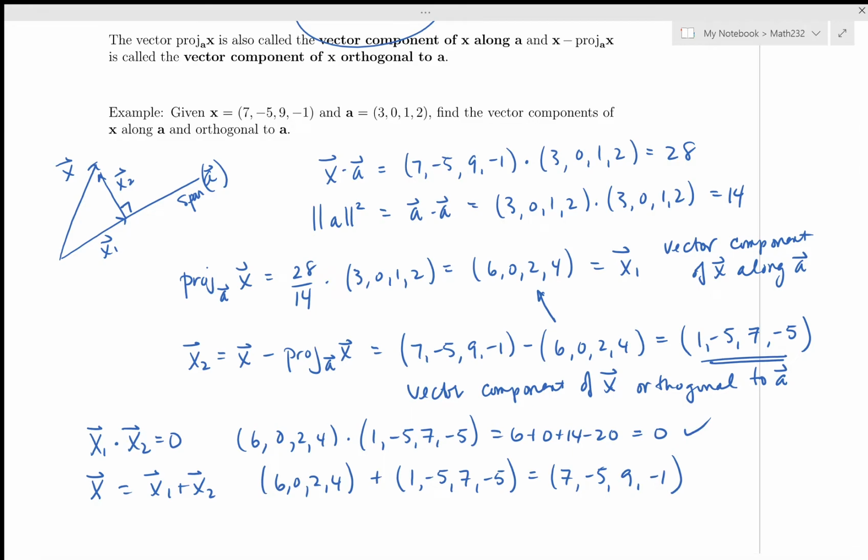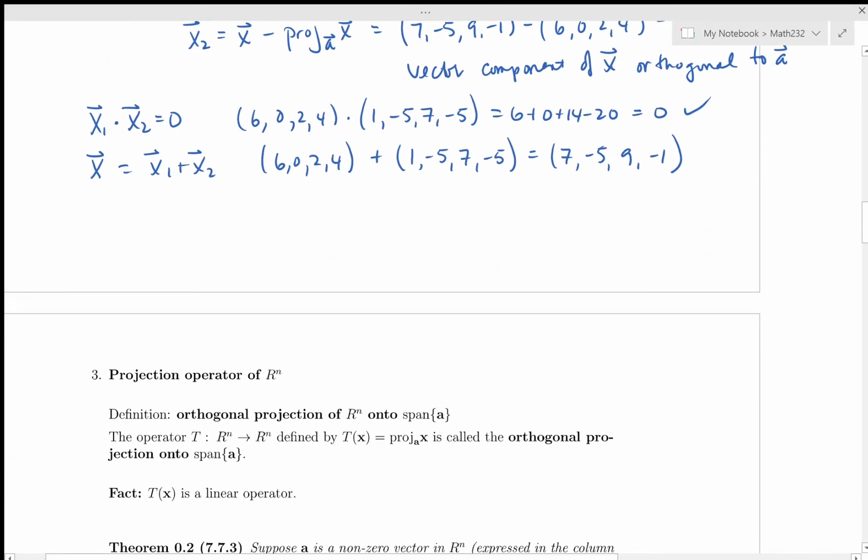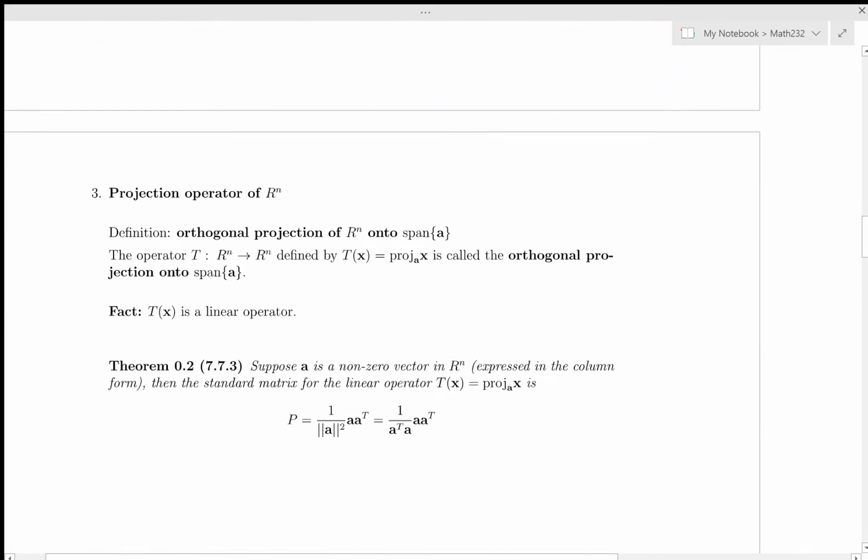Okay. So let us then notice the next thing. When we saw this before, we know that projection is a linear operator, but let's just remind ourselves of that. We've defined this thing here, the projection onto the span of A, and we've already seen in R2, at least from our previous section, that it's a linear operator. It works the same in Rn.